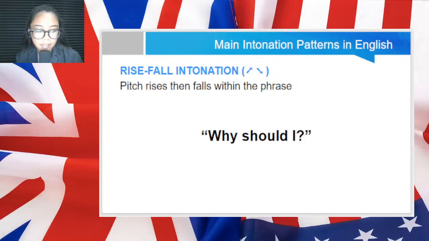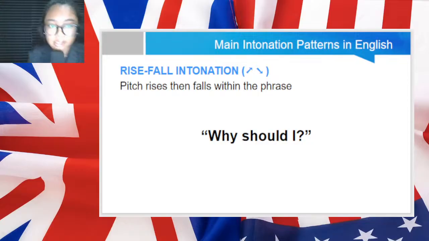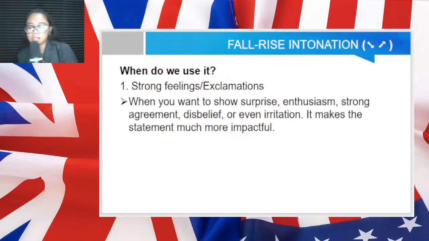As the slide clearly states, with rise fall intonation, the pitch rises then falls within the phrase. So think of it like an arc, a vocal hill. Your voice goes up, reaches a peak, and then comes back down, all within one important word or phrase. This is the exact opposite of the fall rise we were just talking about. Instead of dipping and bouncing, it's like a vocal climb and then a slide down. Let's look at the example given here.